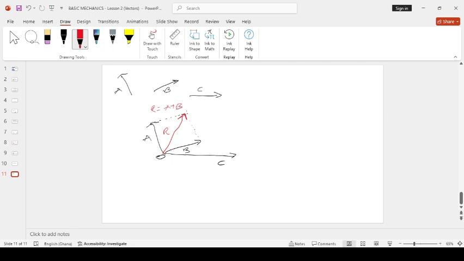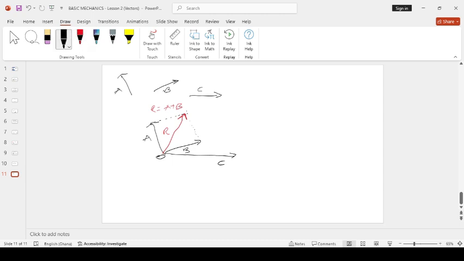Now I've dealt with A and B, but C is left out. Now we have to include C in finding the resultant vector. What we are going to do is consider the next two vectors, which are R and C, because R is the resultant of A and B. Then the resultant of R added to the vector C should give us the total resultant that we seek.